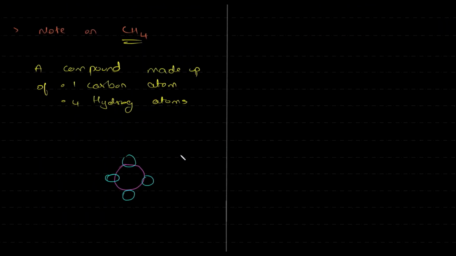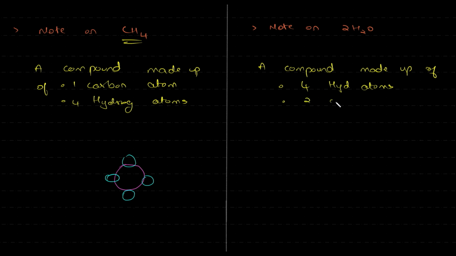Let me go to that. Put on 2 times H2O. Herein we have a compound made up of 2 times 2, that is 4 hydrogen atoms, and 2 oxygen atoms. Let me explain this way. What is water made up of?